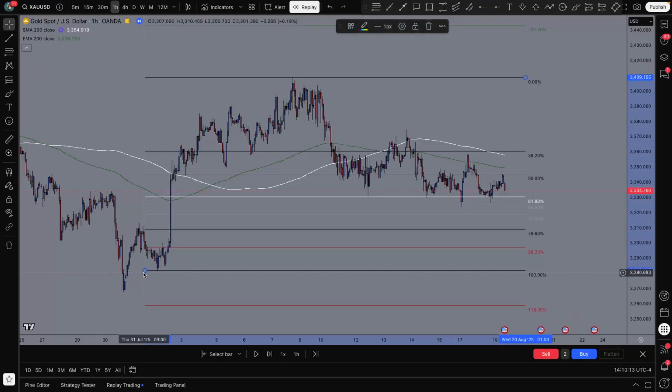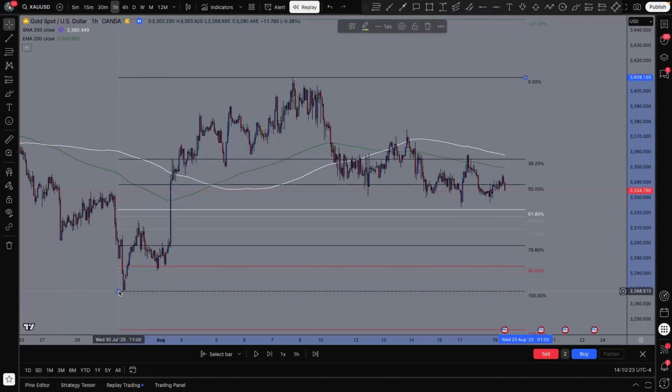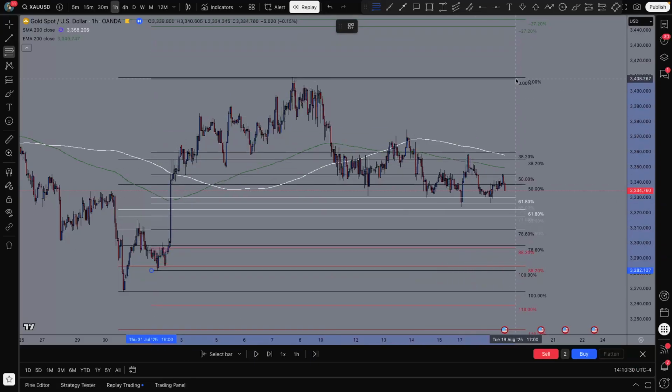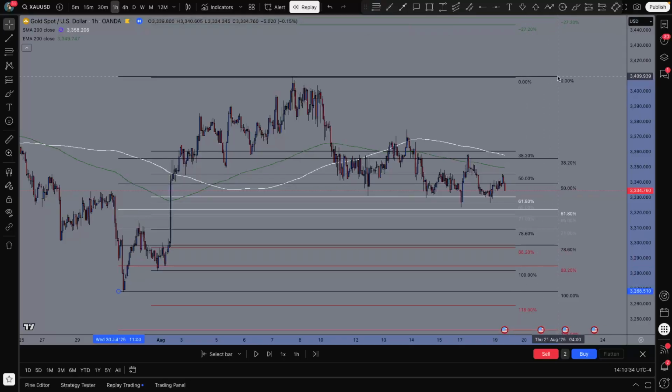For now, you could say that this one has a bit more reaction since we are reacting on the 61, but we can't forget the major big fib right there. So I actually add these two fibs. One like that and one like that. This one would be a bit longer, so just like that.